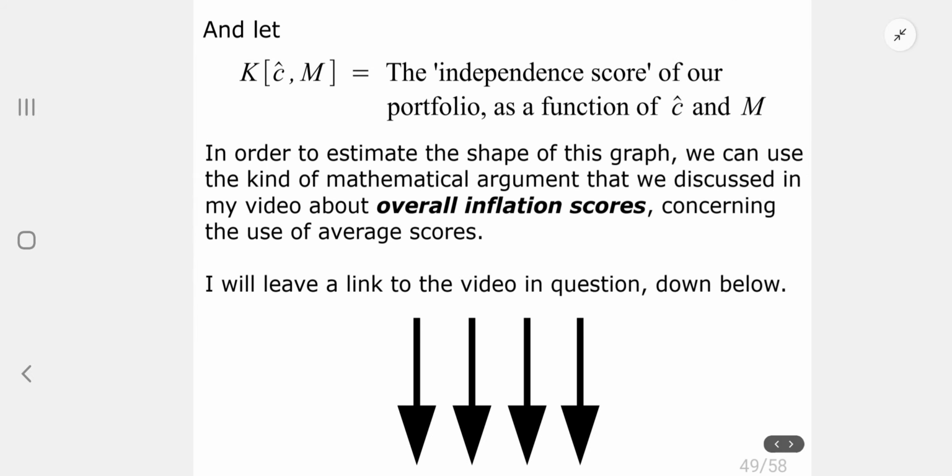And let K of C hat and M equal the independence score of our portfolio as a function of C hat and M. In order to estimate the shape of this graph, we can use the kind of mathematical argument that we discussed in my video about overall inflation scores concerning the use of average scores. I will leave a link to the video in question down below.